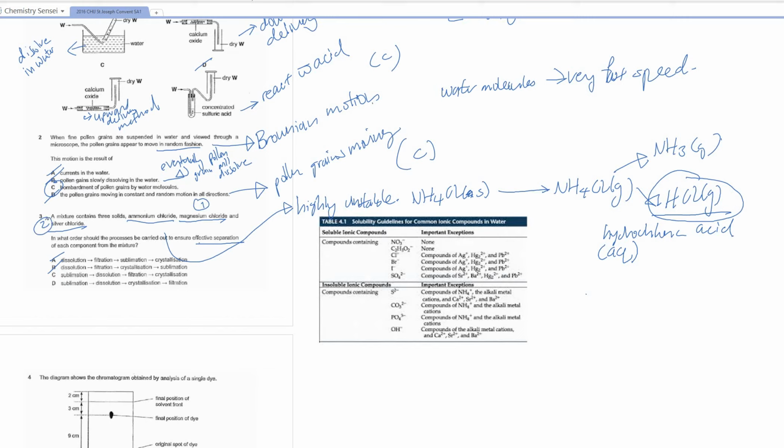From the solubility table that you should memorize, we can conclude that silver chloride is an insoluble salt.